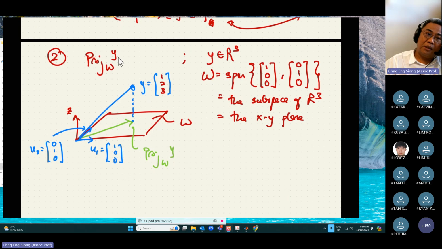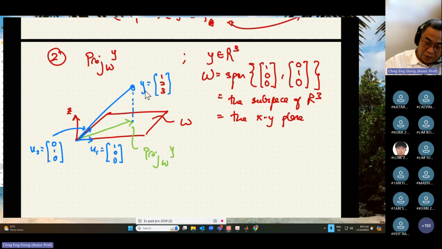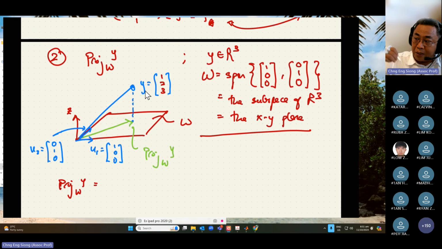And what in English? Projection of y onto W. In English, what are we after? So now the projection of y onto W is a what, guys? Is a line? Is a vector? Is a normal?